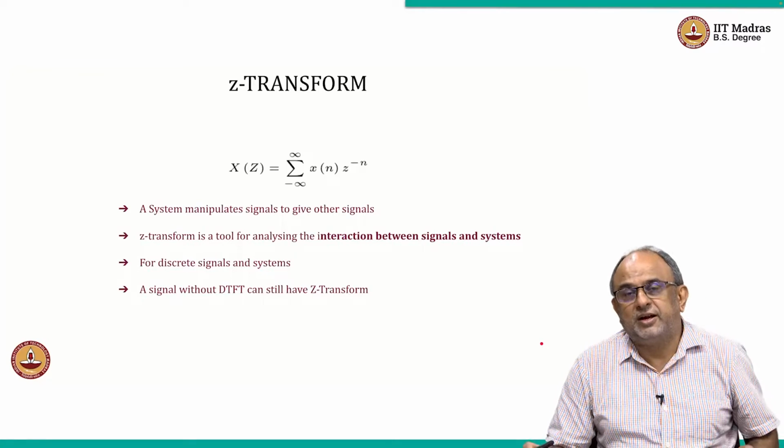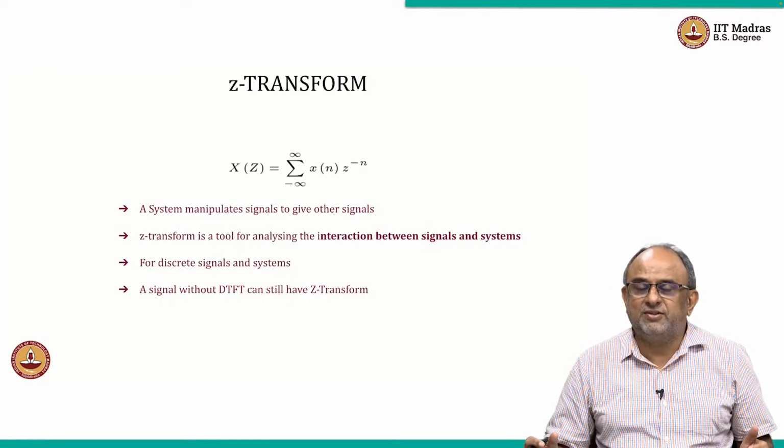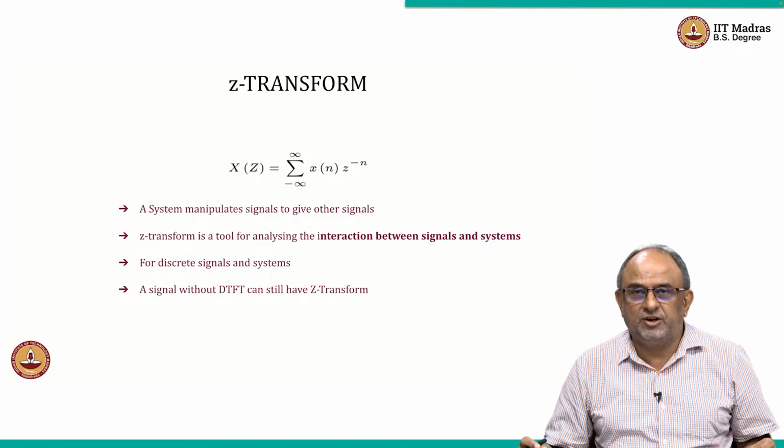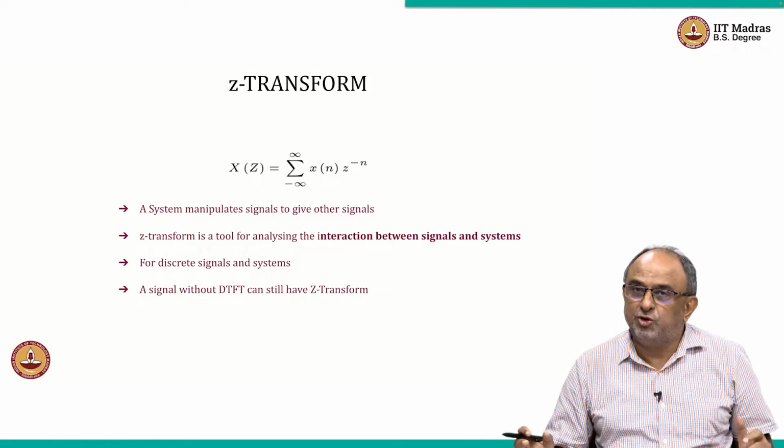So, as I said, there are signals, and we try to analyze signals. We can construct signals like vectors, as a combination of basis functions and so on. Then there are systems. What are systems? Systems take some signal as input, manipulate it, and may or may not give you a useful signal at the output.